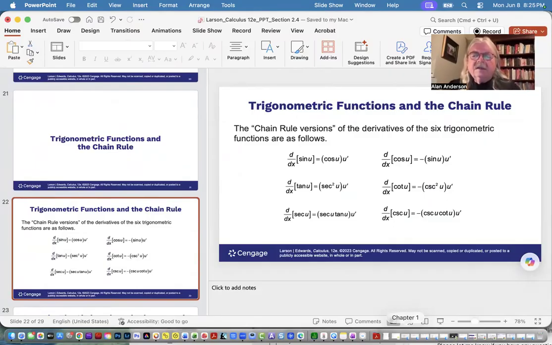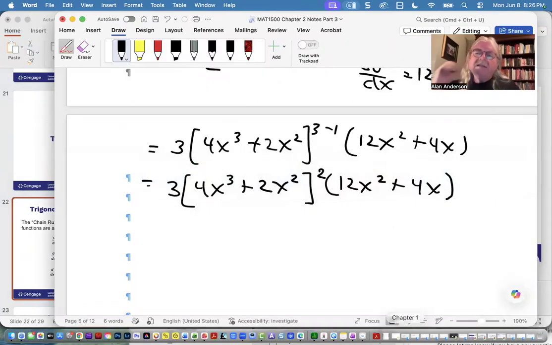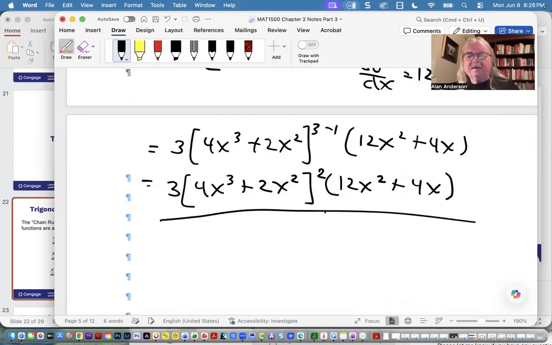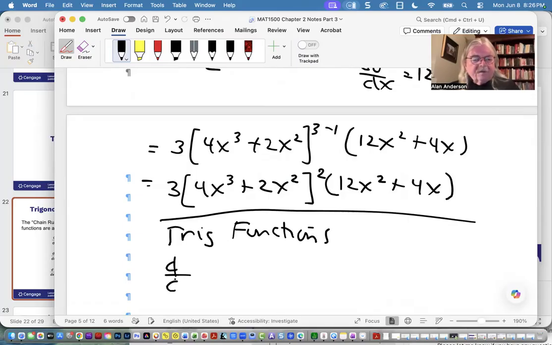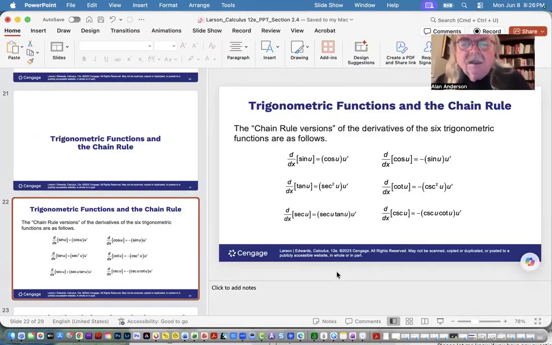Now, this is exactly what we did before, but instead of x's, we have u's. And those u's are assumed to be functions of x. All right, so here's what I mean. So we know that the derivative of sine x is cosine x.